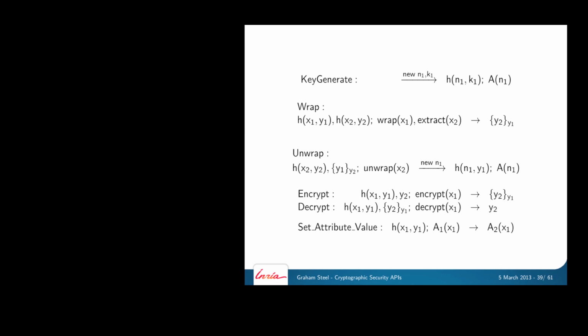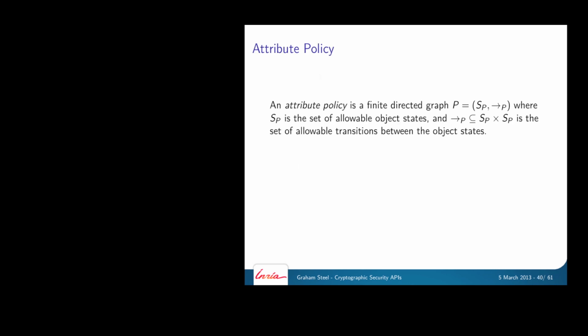And so in this way, I'm going to define an attribute policy as a graph, okay? So the graph contains the set of allowable states for the object. An object state is just a complete definition of all of the attributes, all of the trues or falses of the attributes that I'm interested in. And a transition relation which allows me to connect object states if I'm allowed to use set attributes and move between them, okay?